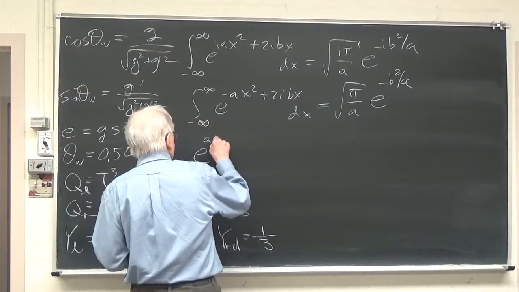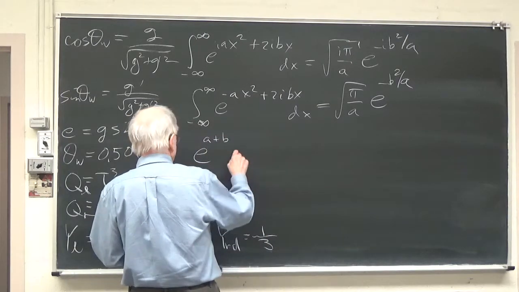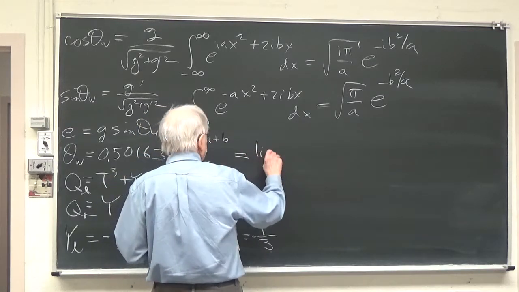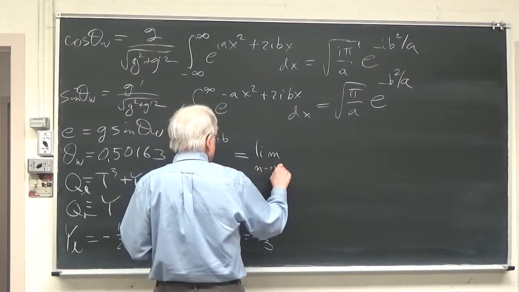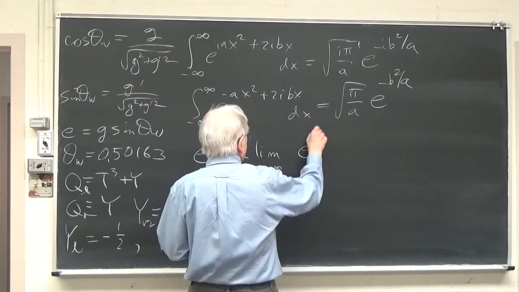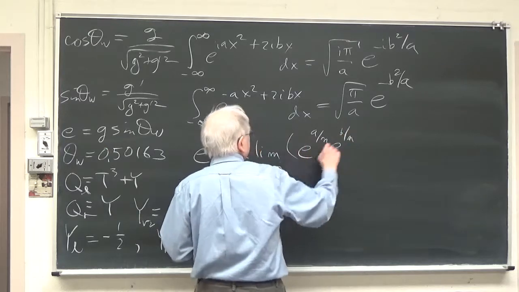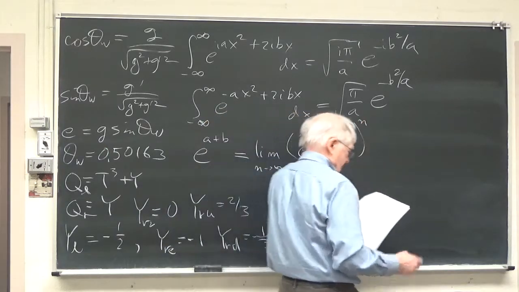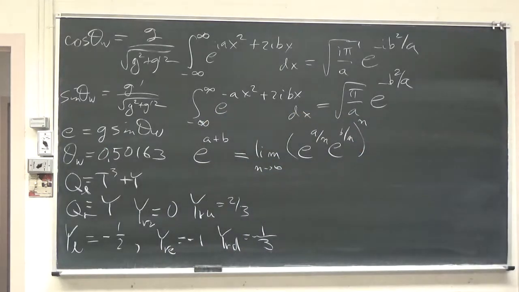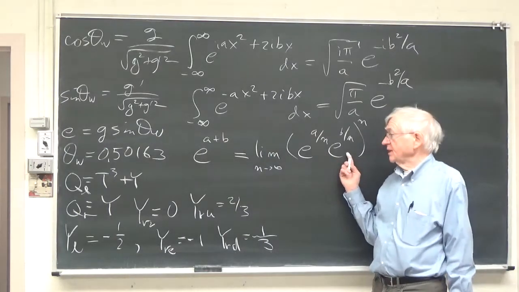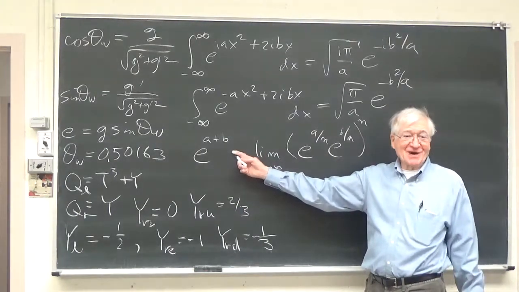Let me just write it down for you. e to the a plus b, you can write it as a limit, n goes to infinity, of e to the a over n, e to the b over n, to the n. And let me give a physicist's proof of this. Obviously, if a and b commute, this is obviously correct.